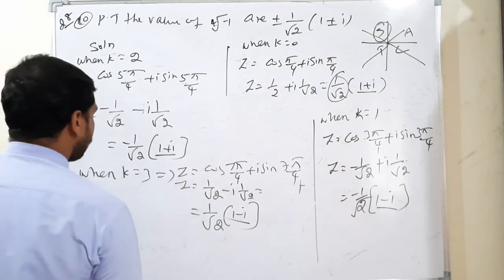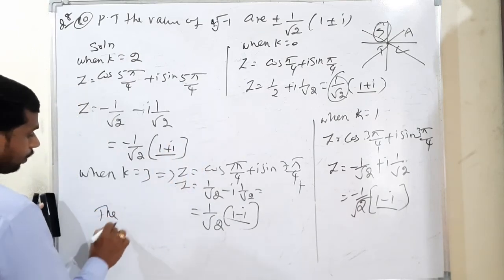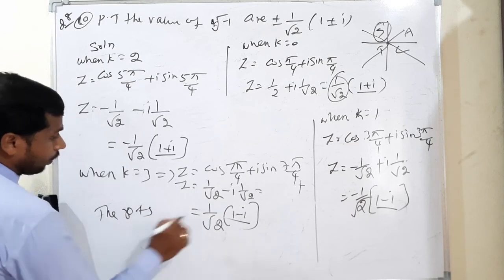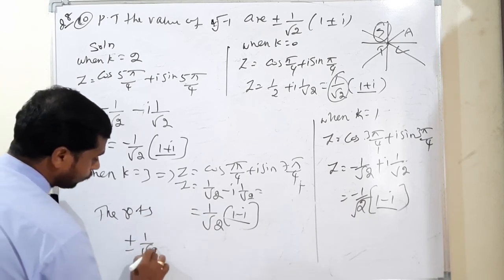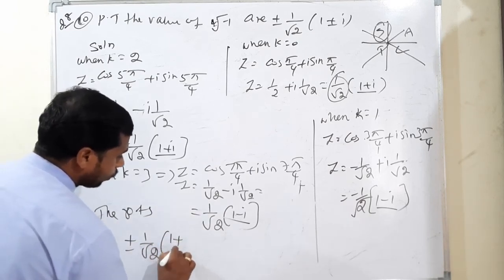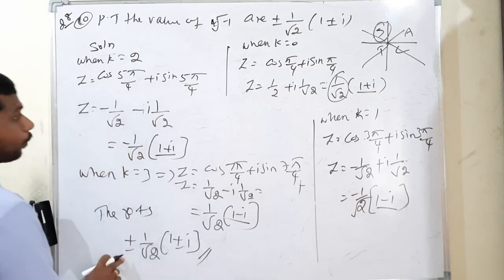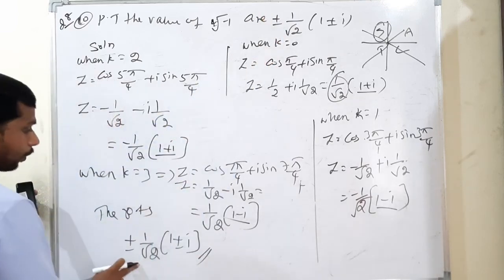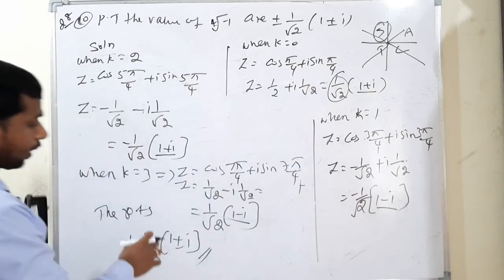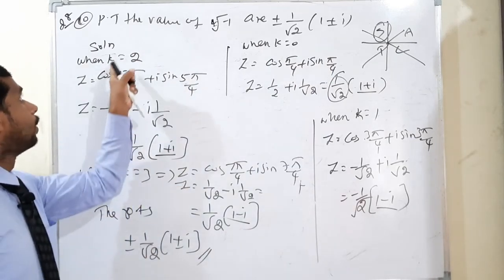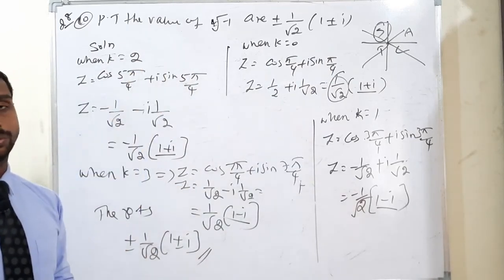Therefore we can write the roots, the final answer: plus or minus 1 by root 2, and inside also 1 plus or minus i will come. This is our proof: plus or minus 1 by root 2, then bracket of 1 plus or minus i, proved with the fourth root of unity value minus 1.